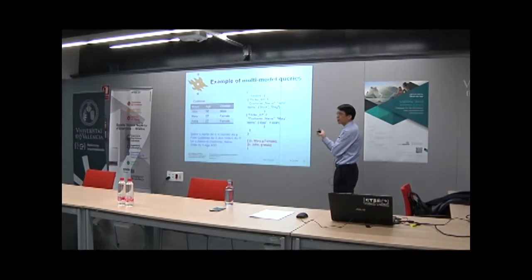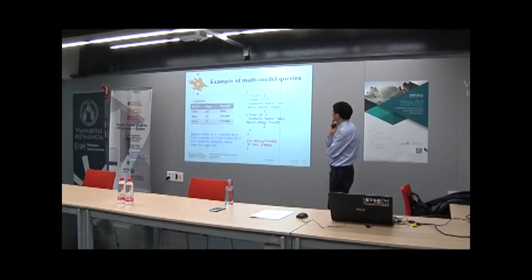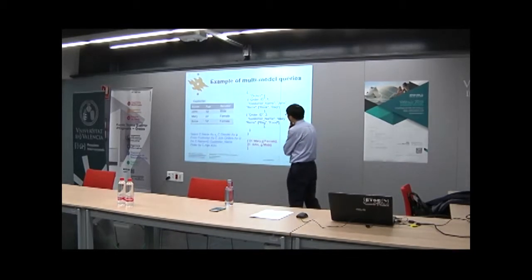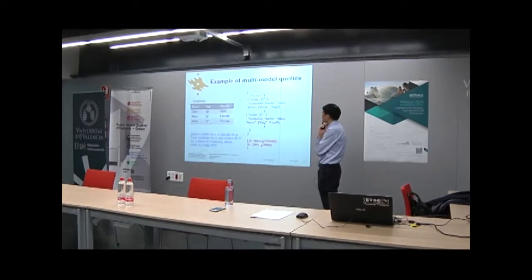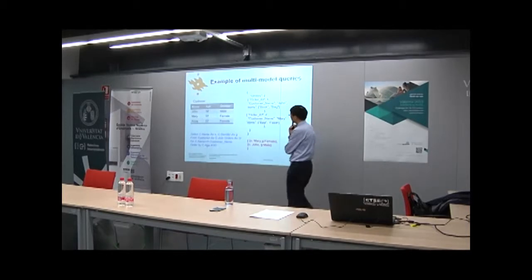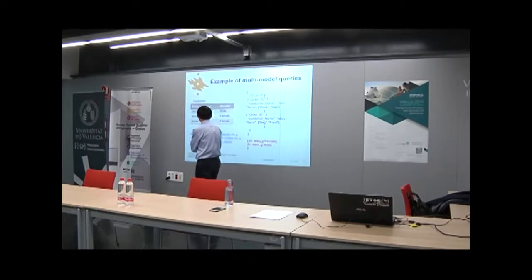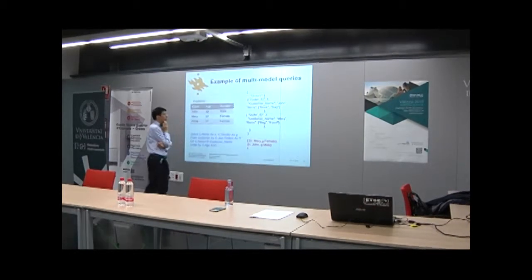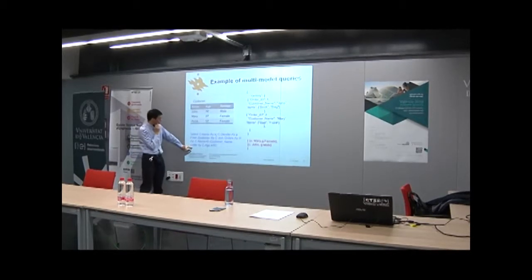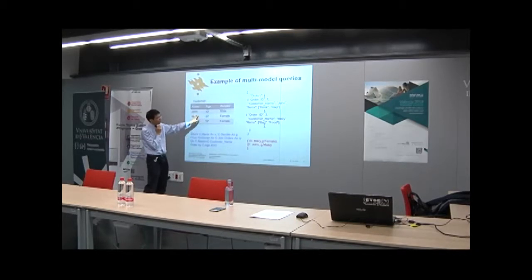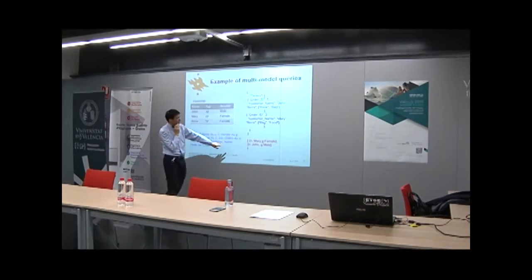This is a second example of multimodal queries. This is more complicated than the previous one, but the idea is the same. We want to do a join between the customer table and the order JSON, and we want to order all the information by the age of these customers. So this is the answer.